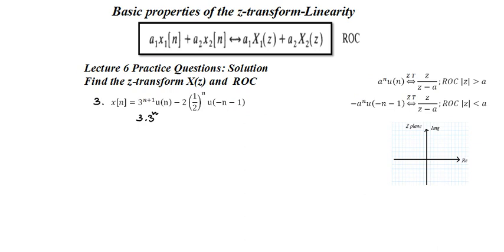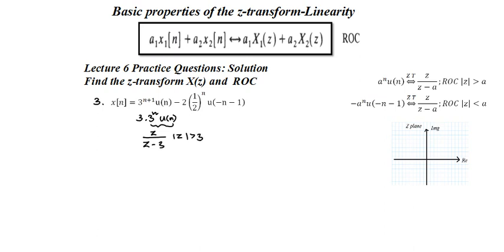So that is written as 3 raised to n plus 1 into u of n. Now it is almost similar to your causal signal. So now we can write the Z transform of this particular signal. This much portion becomes Z by Z minus 3, and the ROC is modulus of Z greater than 3.